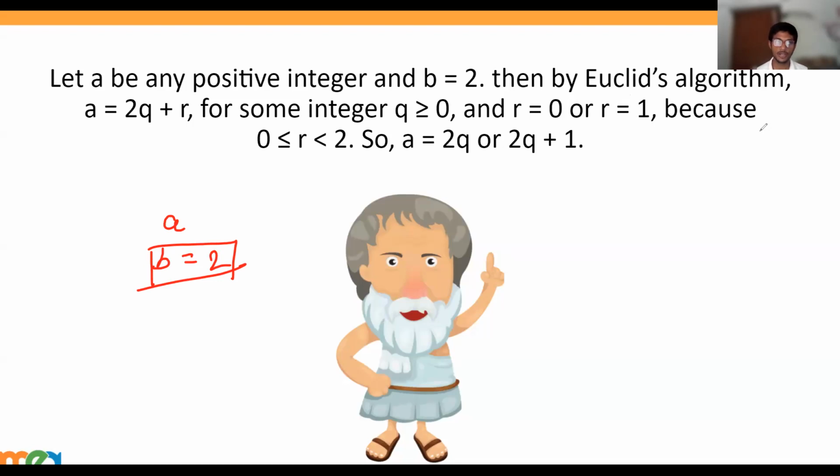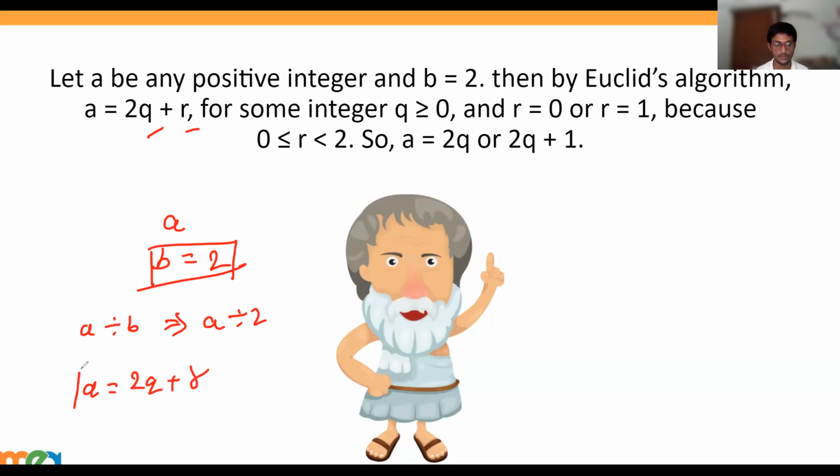Then we apply Euclid's algorithm. When a is divided by 2, there will be some quotient q and some remainder r, so we can write a equals 2q plus r.